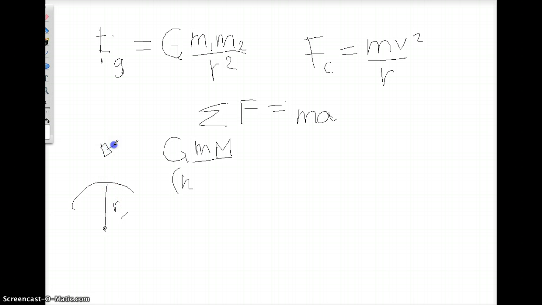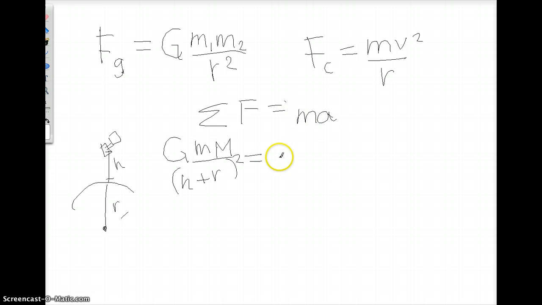And the satellite itself, let's say that's the satellite, it's this additional h distance. So this total distance that separates the satellite and Earth is just h plus r. And that's all squared. Don't forget that little square.